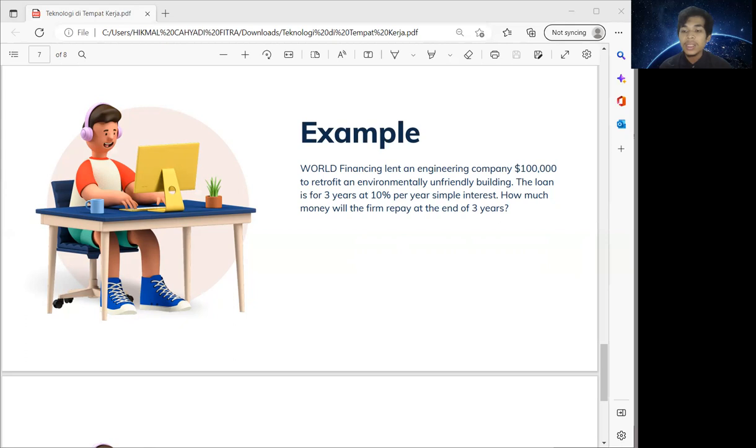The amount owed after 3 years is 100,000 plus 30,000, so we get $130,000. The interest accrued in the first year and the second year does not earn interest. The interest due each year is $10,000, calculated only on the $100,000 loan principal.